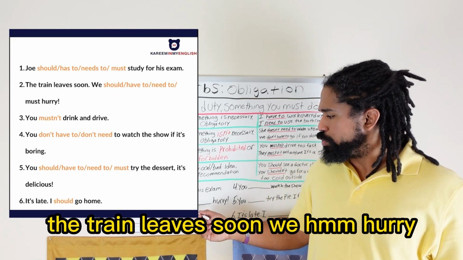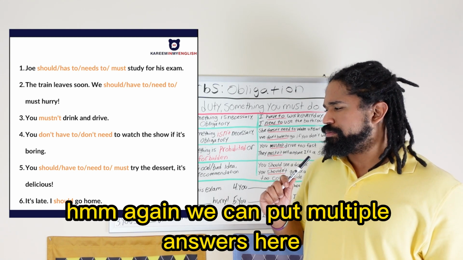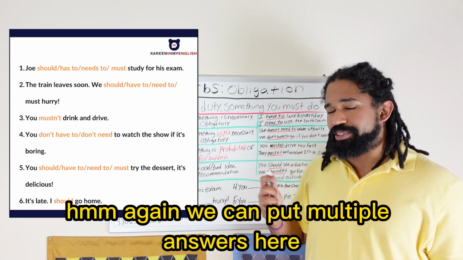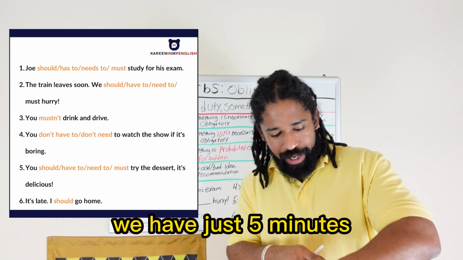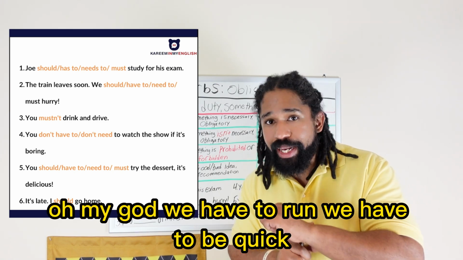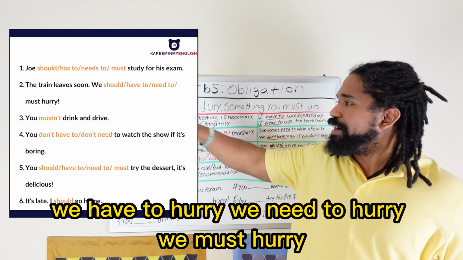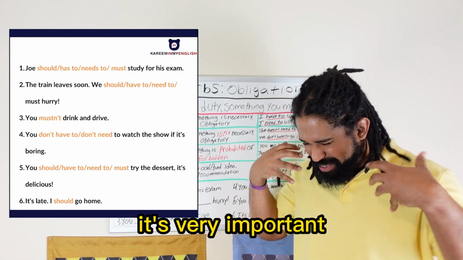The train leaves soon. We, hurry. Again, we can put multiple answers here. So, let's imagine the train leaves soon. We have just 5 minutes. Oh my God. We have to run. We have to be quick. We have to hurry. We need to hurry. We must hurry. It's very important.